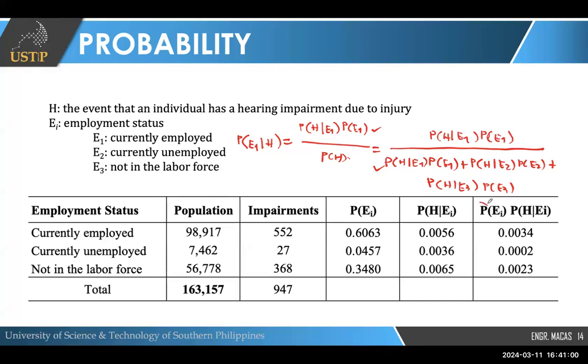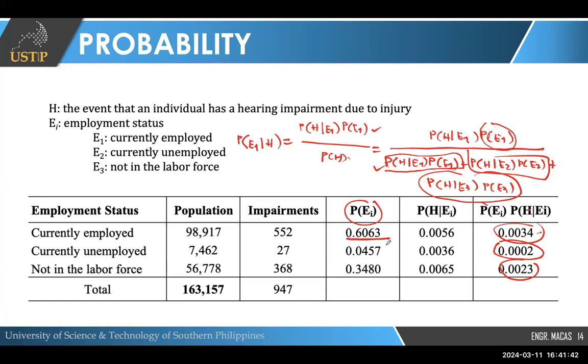So that is the last column here that we multiplied, because that is what we need. This is our first, this is our second, and this is our third. We get the probability of E first and then the probability of H given E1. So what is the probability of E? It is the proportion of currently employed with respect to the total.